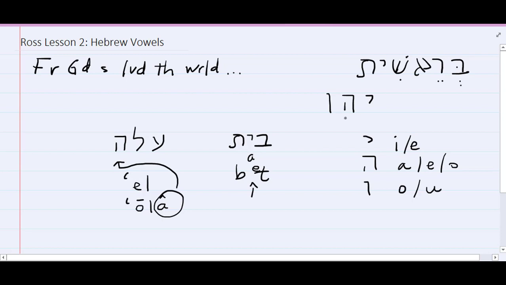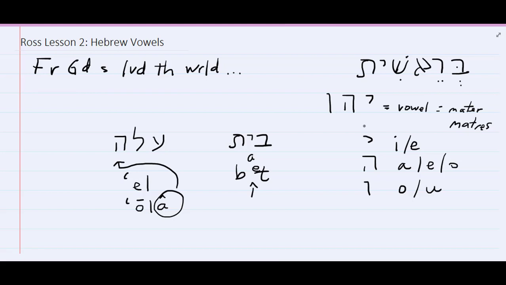So these consonant letters, when they function to mark vowels, are no longer functioning as consonants. They are truly vowel marking letters, and they are referred to individually in the singular as a mater, that's Latin for mother, in the plural matres, and usually another word is added after mater and matres, the word lectionis, which means of reading.